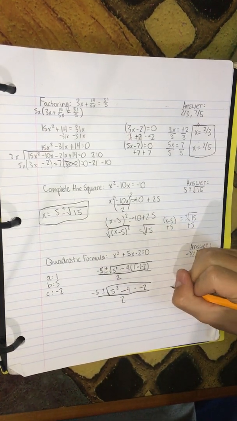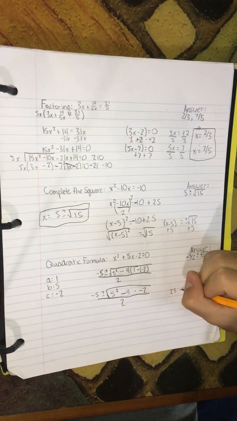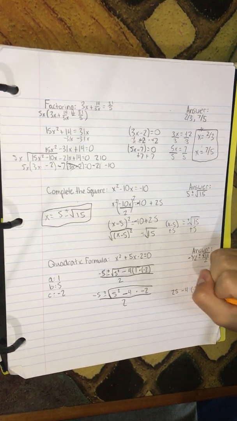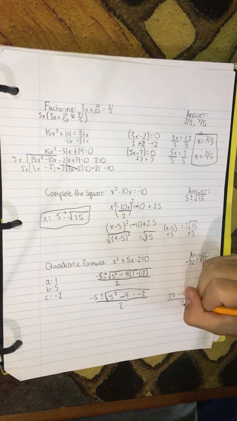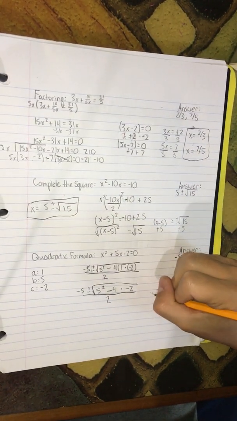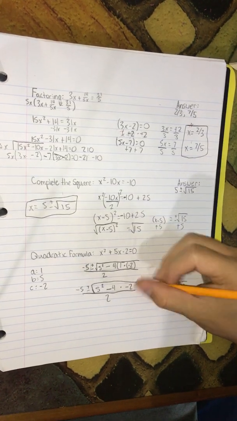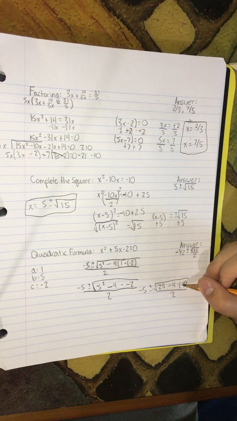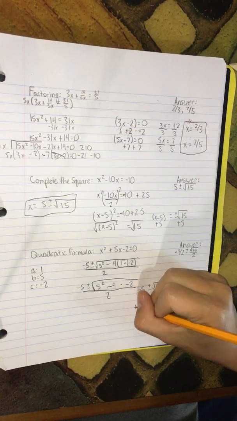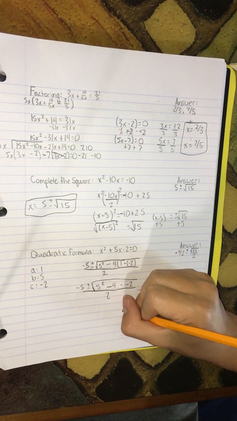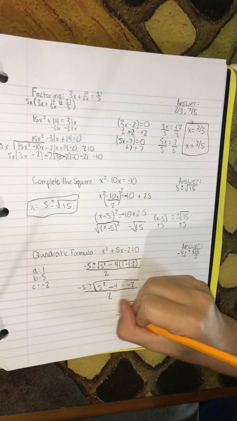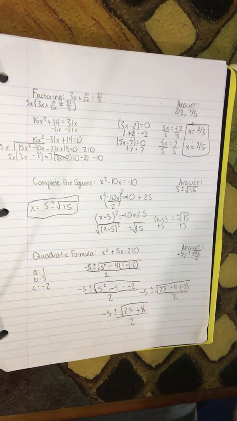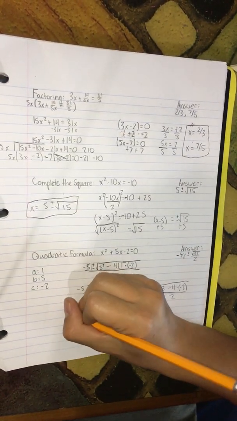If you square it first, you'd have 25 minus 4 times negative 2 over 2. You still got to have the square root, plus or minus negative 5. So negative 4 times negative 2 is positive 8. Positive 8 plus 25 is 33.